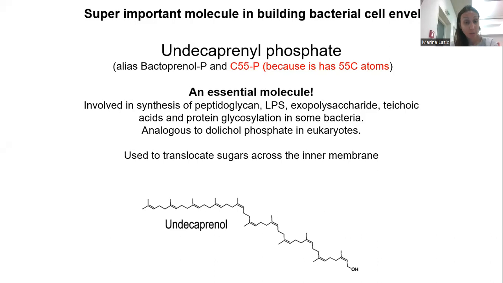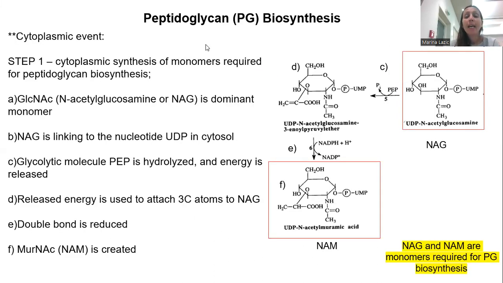So bactoprenyl phosphate is a molecule that you need to memorize. And now you will see why bactoprenyl phosphate matters. In terms of peptidoglycan biosynthesis, this is the first important process that I will ask you to understand and to know, among many others, especially in the second part of the class, but this one will be the first.